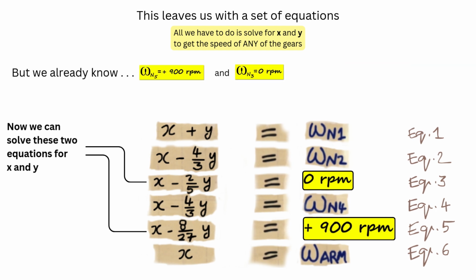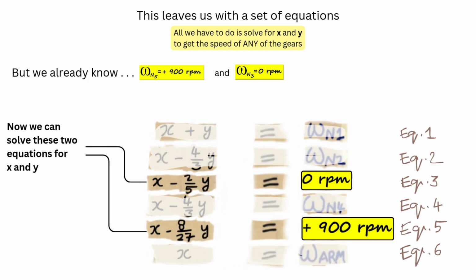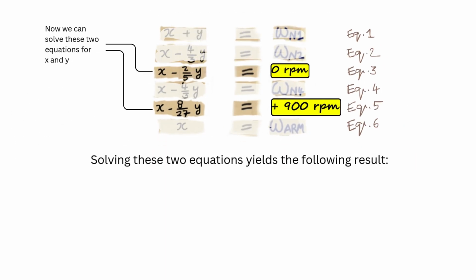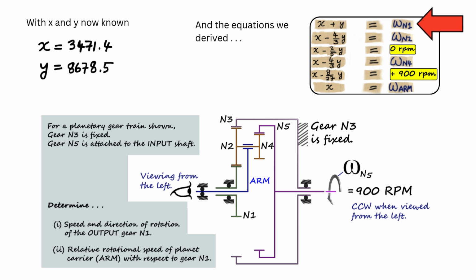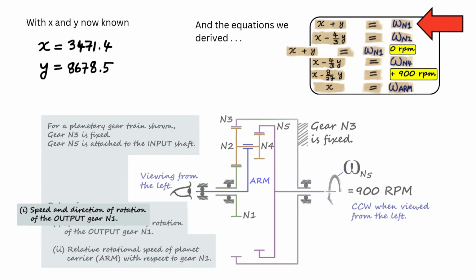And this gives us 2 equations with 2 unknowns, x and y. With the x and y known, it's super easy to find the rotational speed of gear N1. We just add the values of x and y because that is the equation we have. So the rotational speed of gear N1 is x plus y.